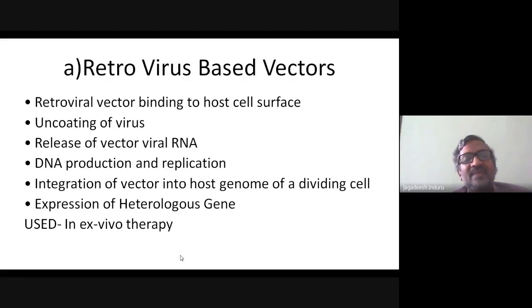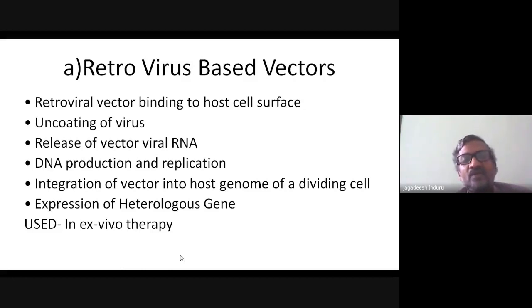Most of the time this type of thing is used in ex-vivo gene therapy. What we do is take the host cell outside, introduce the genetic material of the RNA into that DNA and correct that particular DNA.